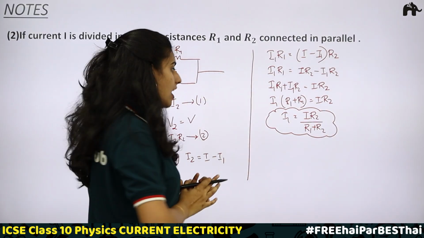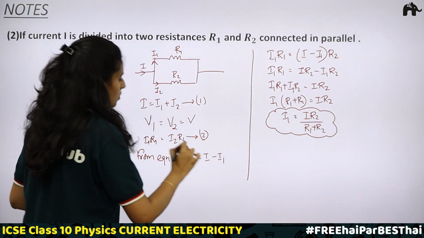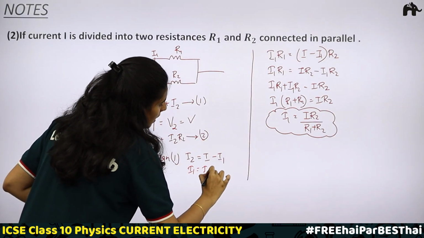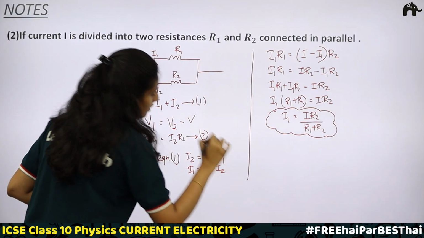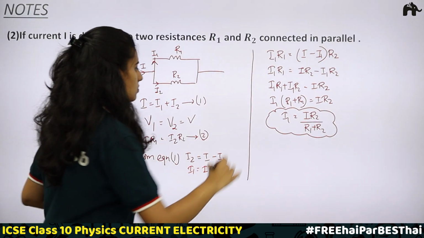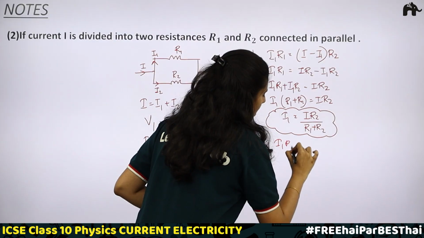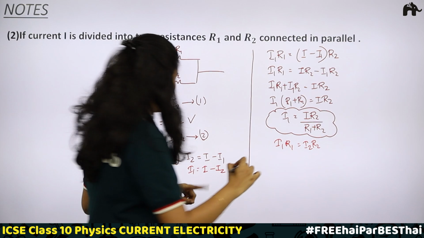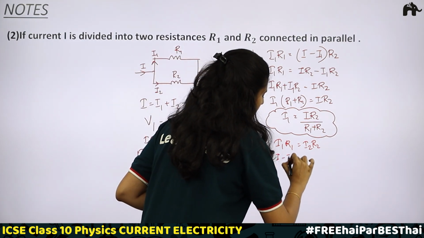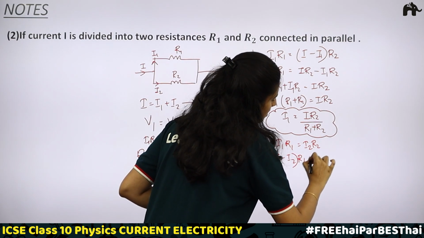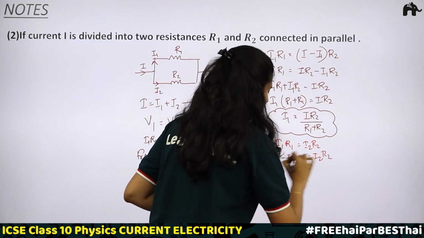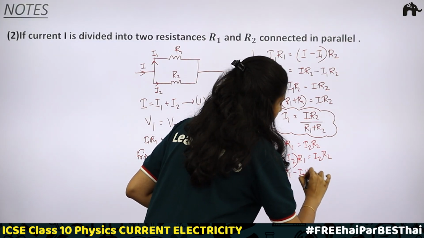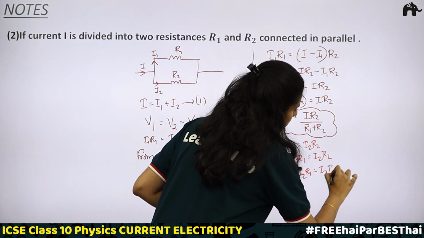Then how to find I2? In order to find I2, take I1 is equal to I minus I2. Take the same equation, I1 R1 equal to I2 R2. Now in place of I1, substitute I minus I2: I minus I2 into R1 is equal to I2 R2. Removing the brackets and multiplying, I R1 minus I2 R1 is equal to I2 R2.